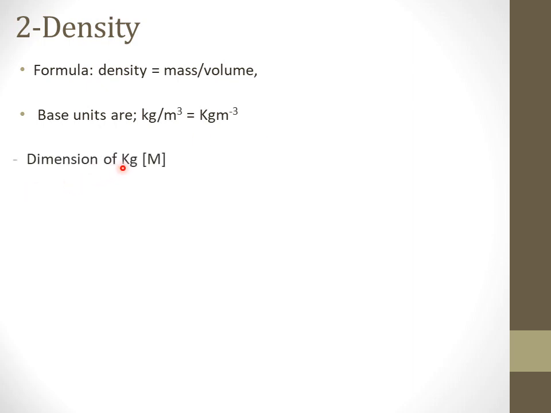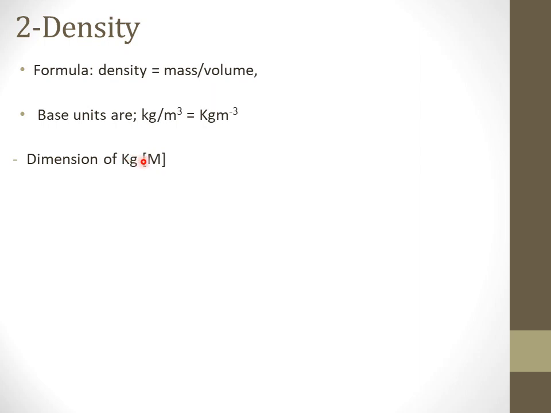The dimension of kilogram is M. Kilogram is for mass, so the dimension of kilogram is M. We represent the dimension of the SI unit with the dimension of the base quantity.